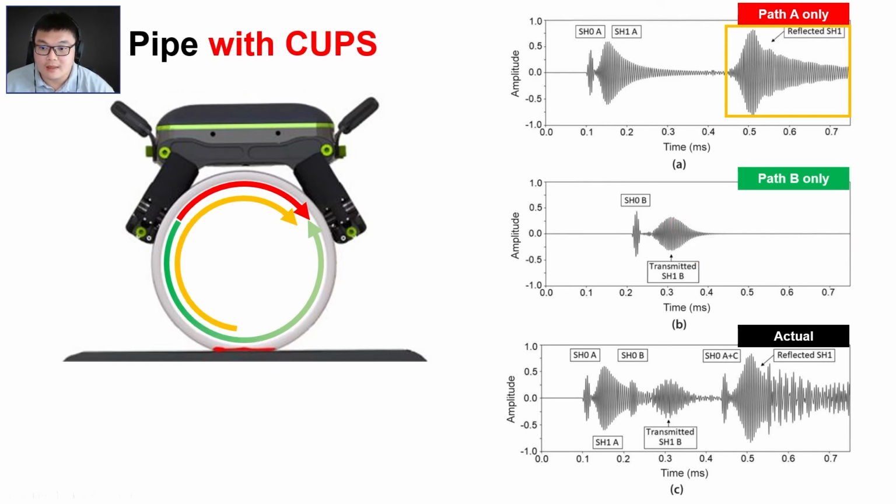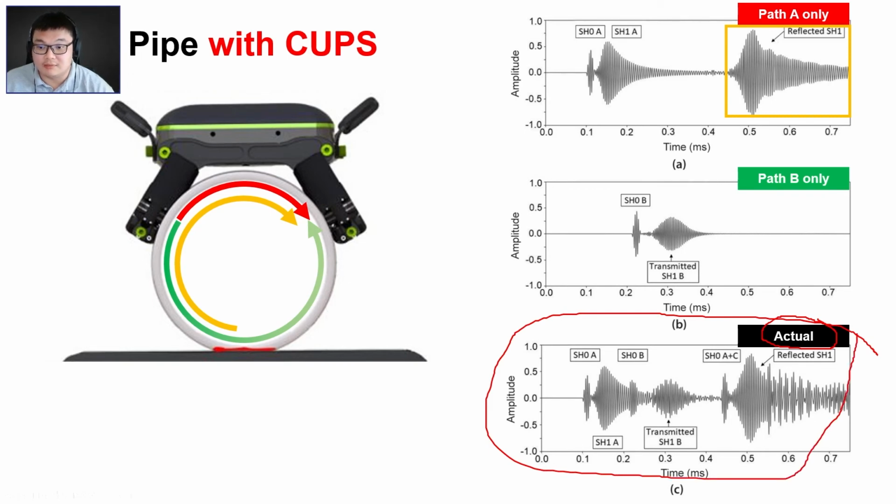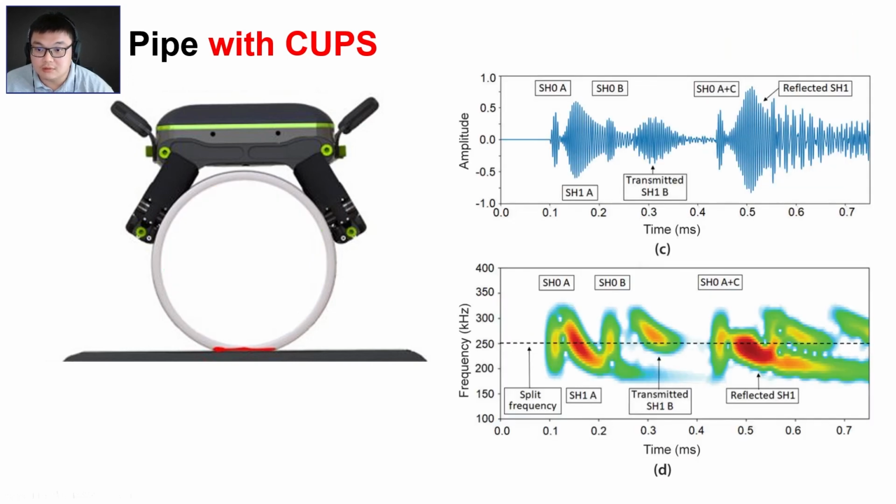In practice, we will be seeing all of the signals arriving at the same time. In the time-frequency domain signal, we can see that the transmitted SH1 from the B path has only the higher frequency components that have gone through. The lower frequency has been reflected back.